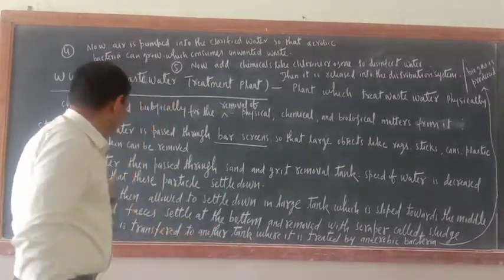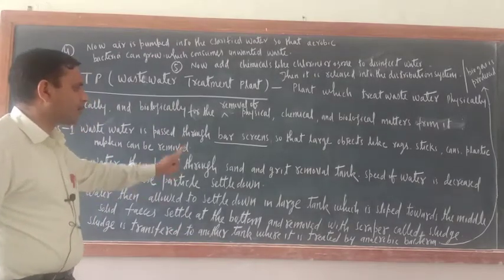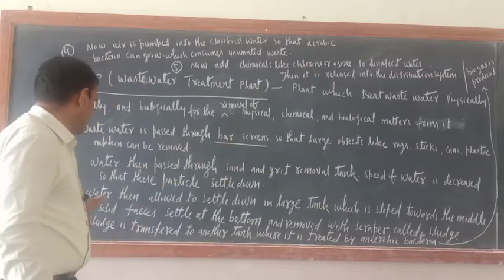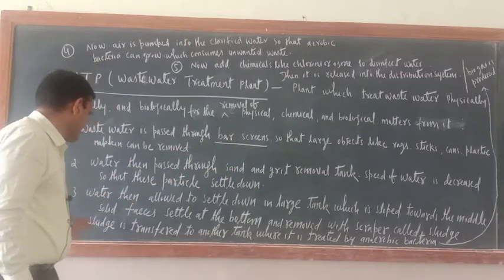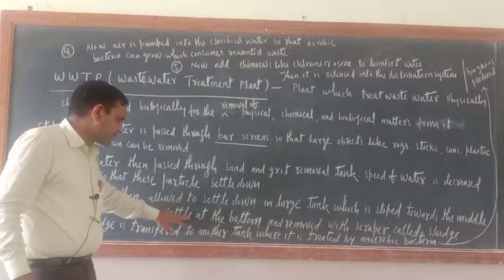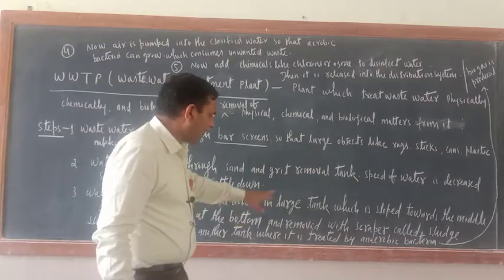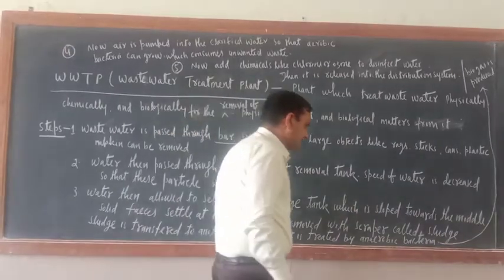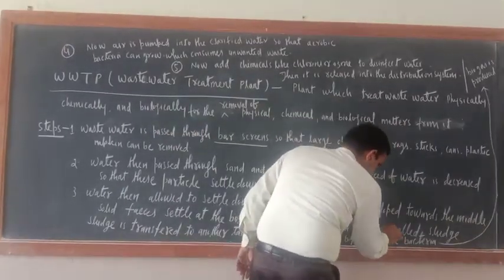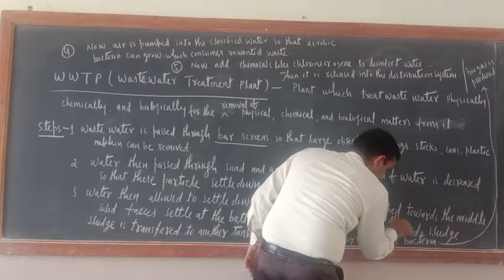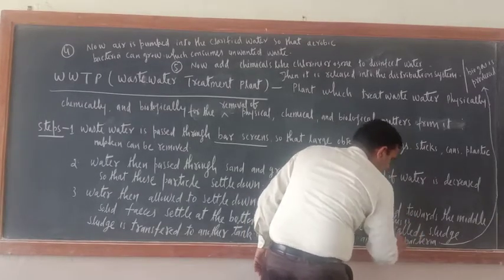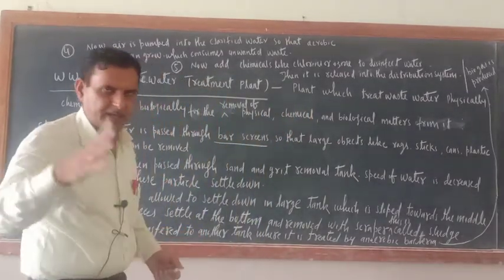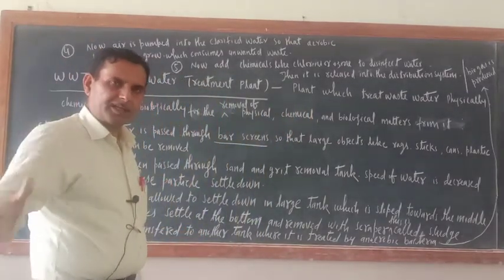When the water is allowed to settle down in a large tank which is sloped toward the middle, solid feces settle at the bottom and are removed with a scraper. This is called sludge.